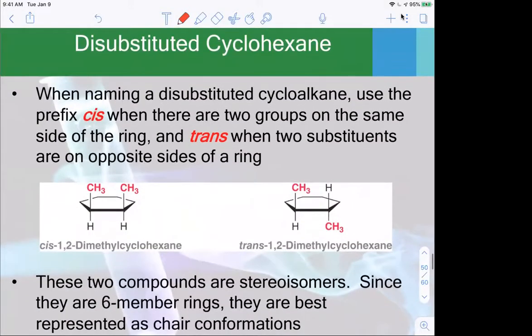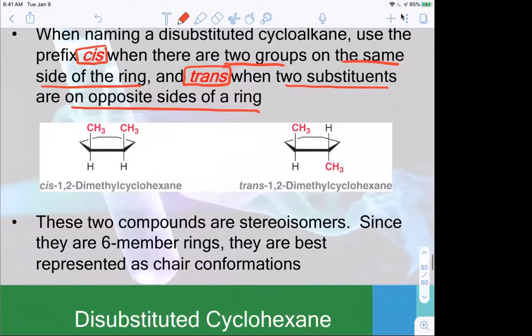Now, when I name a disubstituted cyclohexane, I need to use the prefix cis when there are two groups on the same side of the ring, and I have to use the prefix trans when I have two substituents on opposite sides of the ring.